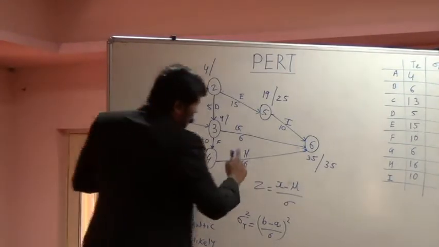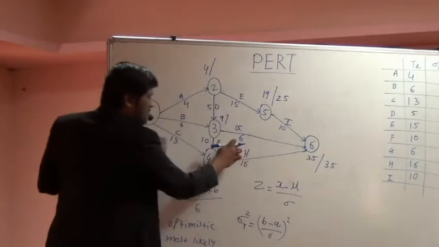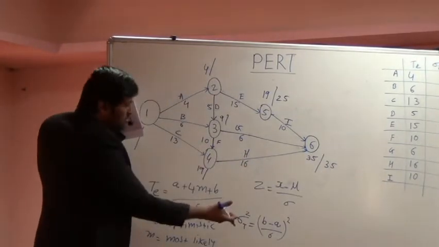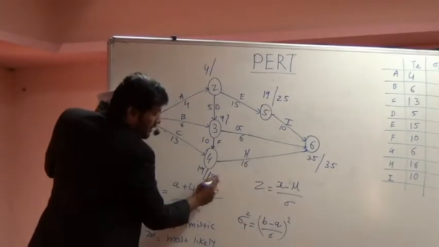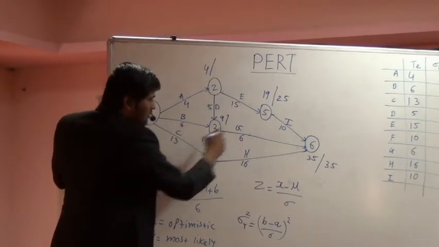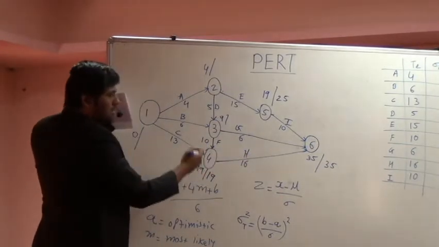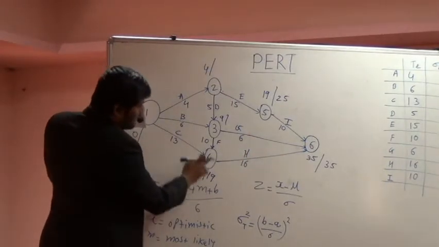This is the place where students make a mistake. So 35 minus 6 is 29, but we'll check the other option also. 35 minus 16 is 19, and 19 minus 10 is 9. So out of the two options, 35 minus 6 is 29, and 19 minus 10 is 9.